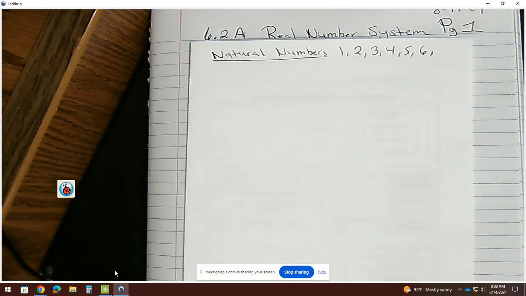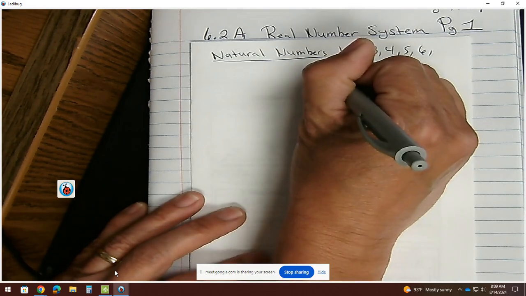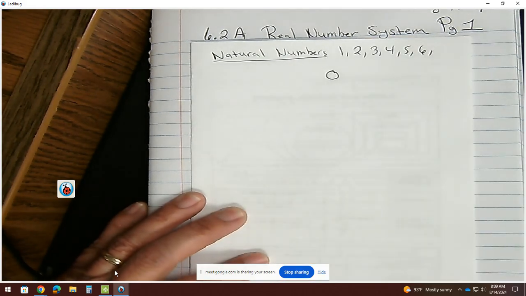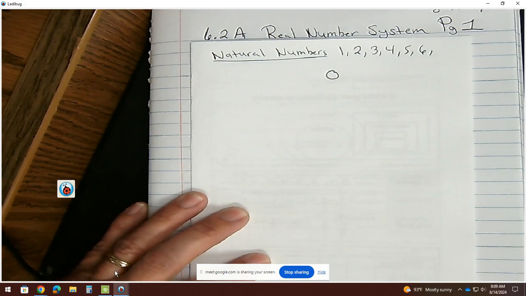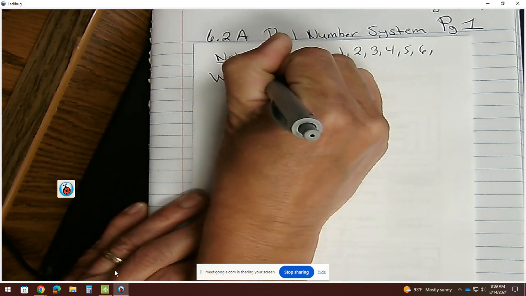Natural numbers, questions. But then when they got to number 9, they said, now what do we do? What are we going to do now that we're at 9? So they said we need another digit. What digit makes you continue to the next one? 0. So the 0 says, I'm going to be part of this to help you out so you can go to the tens, hundreds, thousands, 10,000, million, and so on, right? And those are called wholes, your whole numbers.